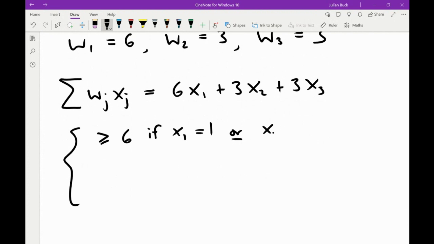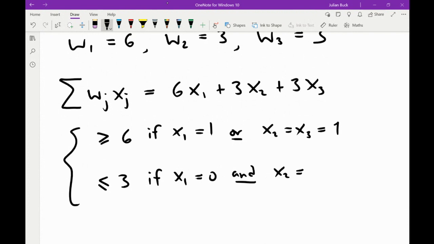Or x2 and x3 are both 1. So regardless of the value of x1, if x2 and x3 are both 1, then it's at least 6. But it's at most 3 if x1 is 0 and x2 equals 0 or x3 equals 0. So if x1 is 0 and one of the other two is 0, then the most it could be is 3, because it's either 3 if the other one is 1 or 0 if all three of them are 0.